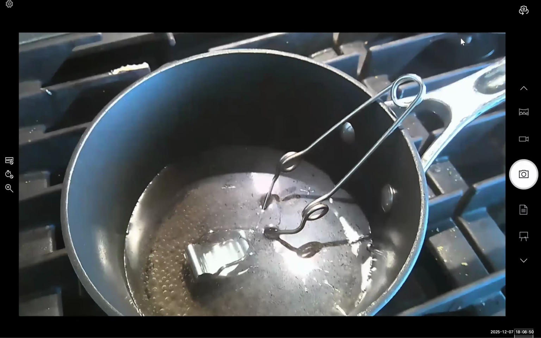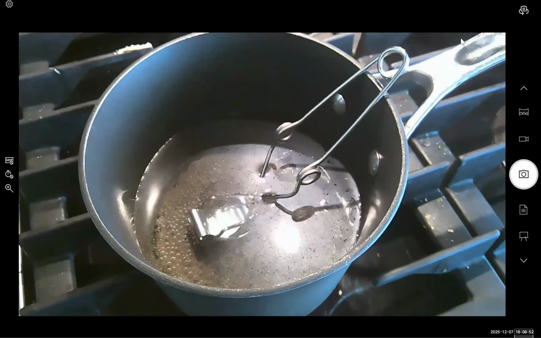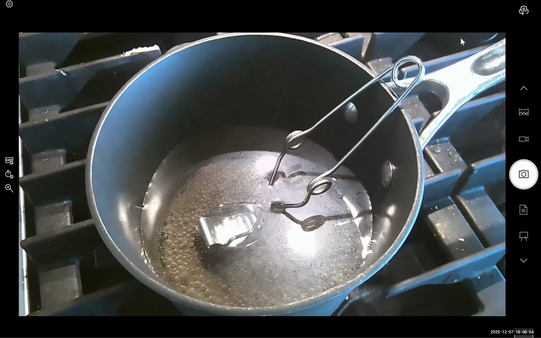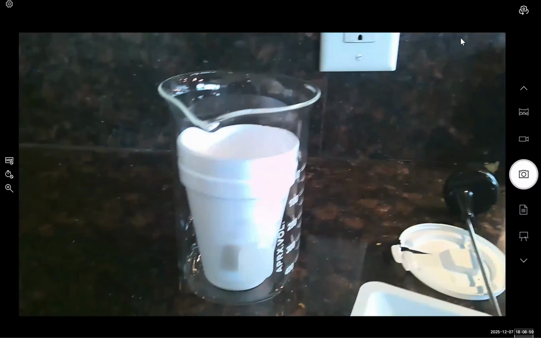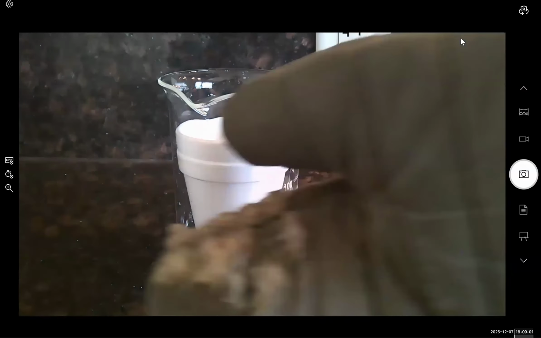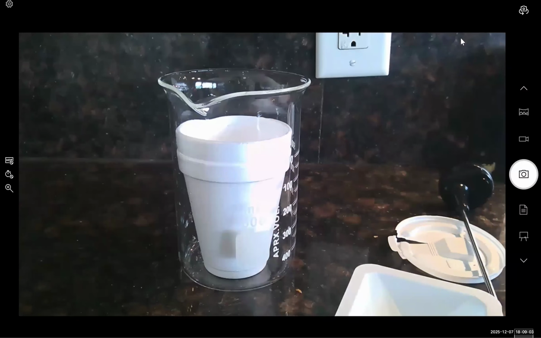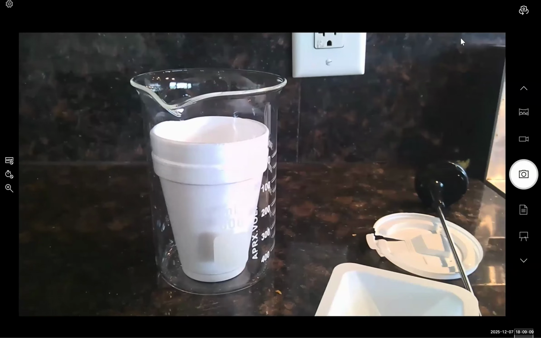So the metal piece has been heating in the boiling water bath. We're going to let it continue to heat in the boiling water bath. We have our coffee cup calorimeter. Gonna get that calorimeter set up.